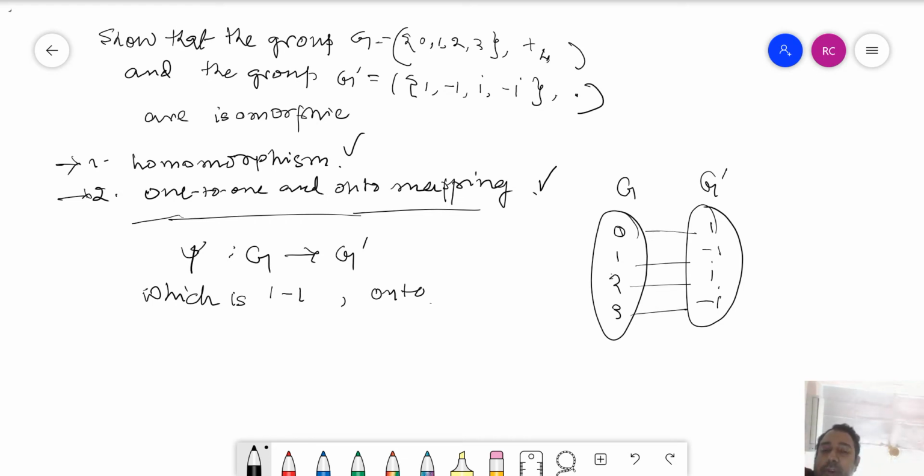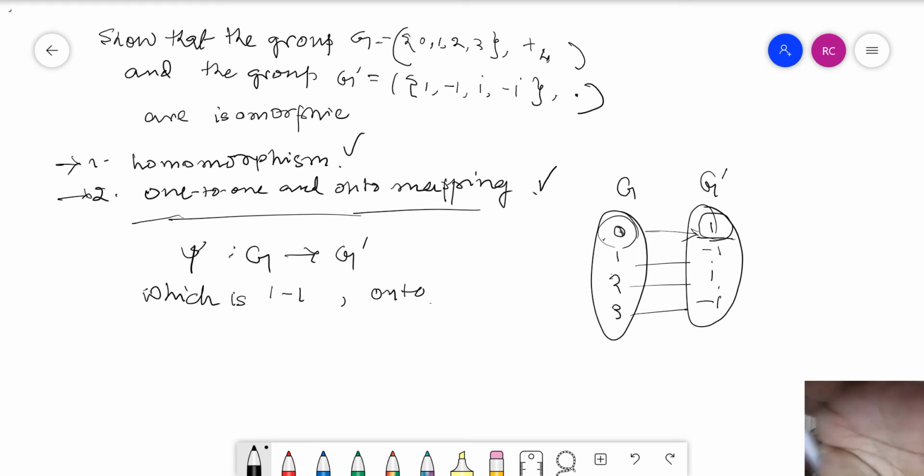a mapping from an element of G to an element of G prime such that the order of the element being mapped and the order of the element which it is mapped to should be the same. So the order of the element being mapped in G should have the same order as the element being mapped to in G prime.